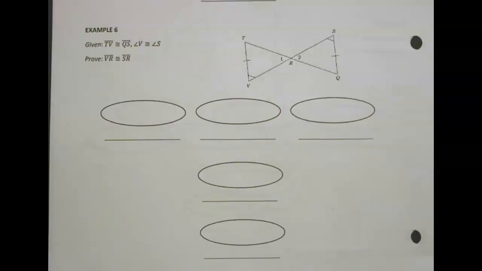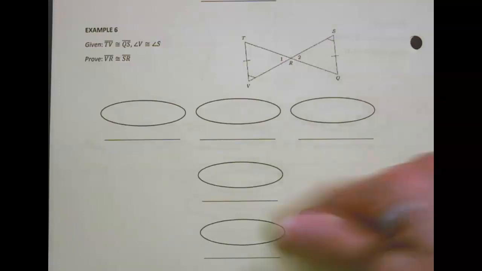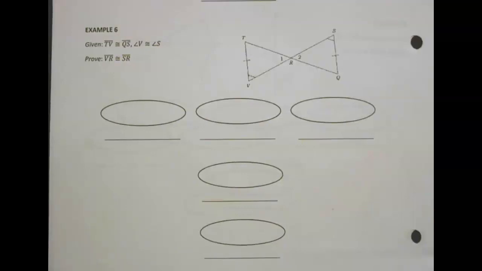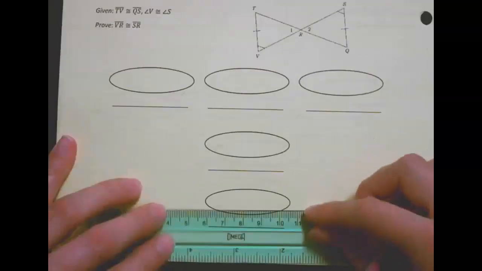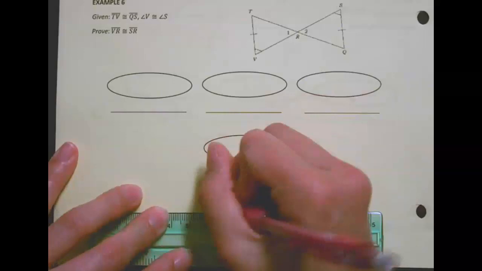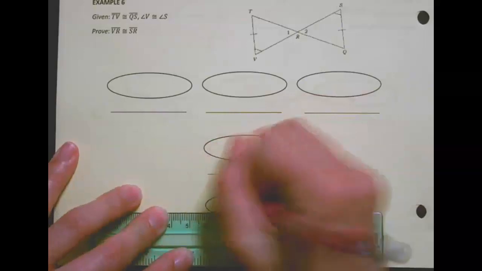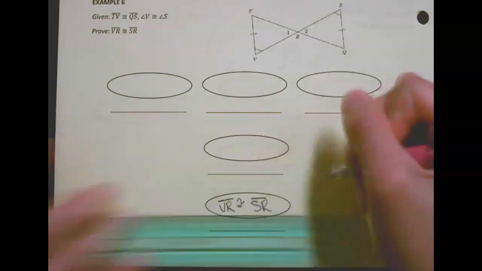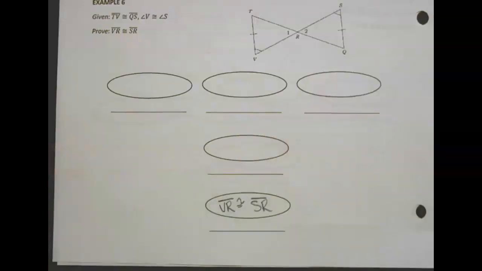I truly believe that you can complete this triangle congruency proof on your own. And then for this last bubble, what you're going to write in that last bubble is what you need to prove. And so what I need to prove on this one is that VR is congruent to SR. And the reason that they're congruent, if you look at that common vocabulary again, it's there.